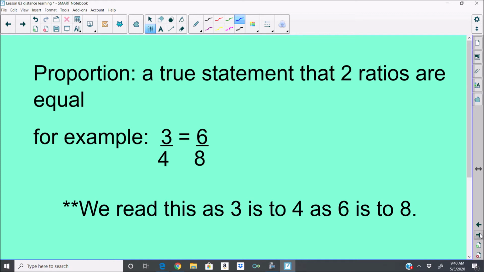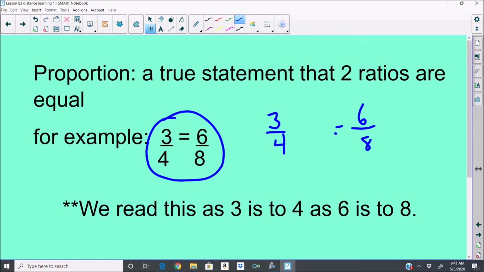An example of this is 3/4, which is a proportion, which is a ratio, equals 6/8. We read this as 3:4 as 6:8. When we talk about equivalent fractions, just to refresh your memory, what do I do to 4 to get to 8?